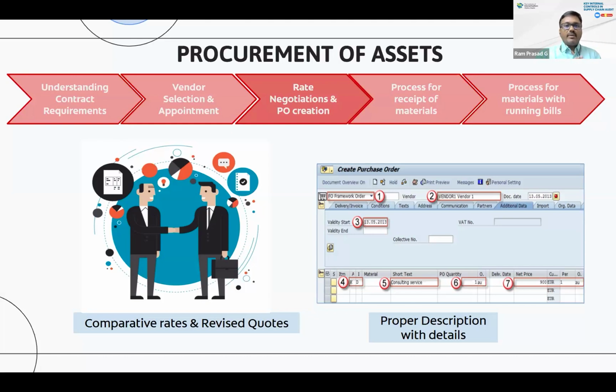So when we are reviewing this area, we need to understand who is negotiating with the vendor, whether the rate negotiation is confidential, and whether comparative quotes were obtained. A negotiation is a time-bound activity, right? It's not like in a day we can complete it.